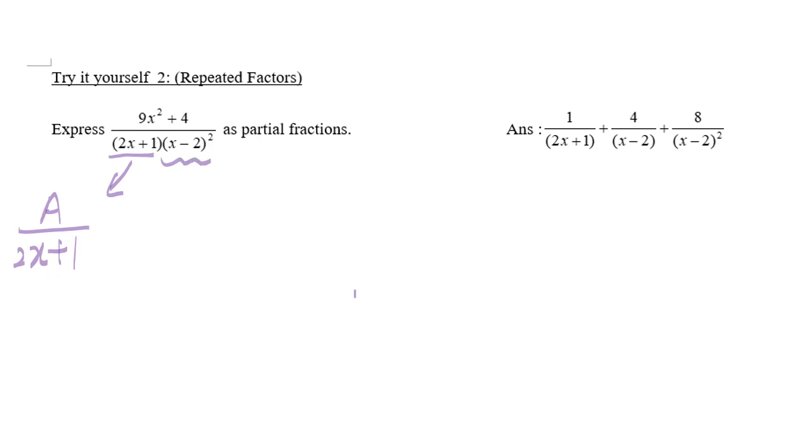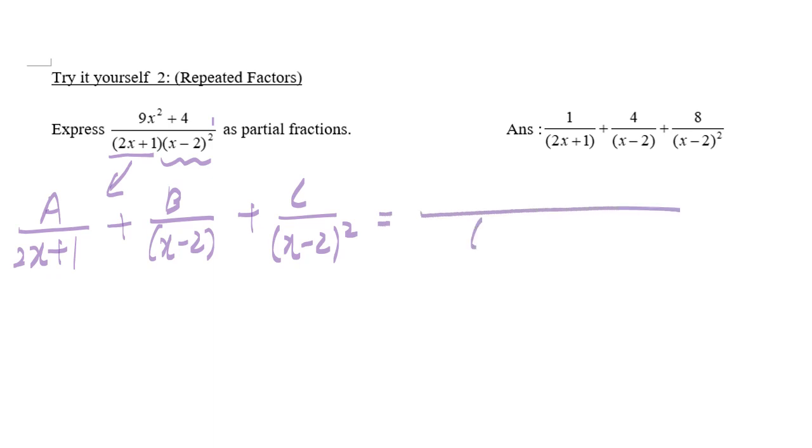It also comprises a repeated factor. For that repeated factor, we can express it as b over x minus 2 plus c over bracket x minus 2 squared. Then the next step is to combine all of them into one single fraction.